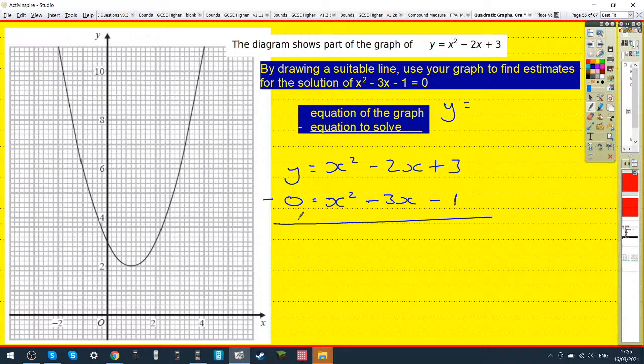So the answer would be x minus 3, minus 1 will become plus 1 to 3. So x plus 4. Yeah. And so how could you sketch y equals x plus 4?